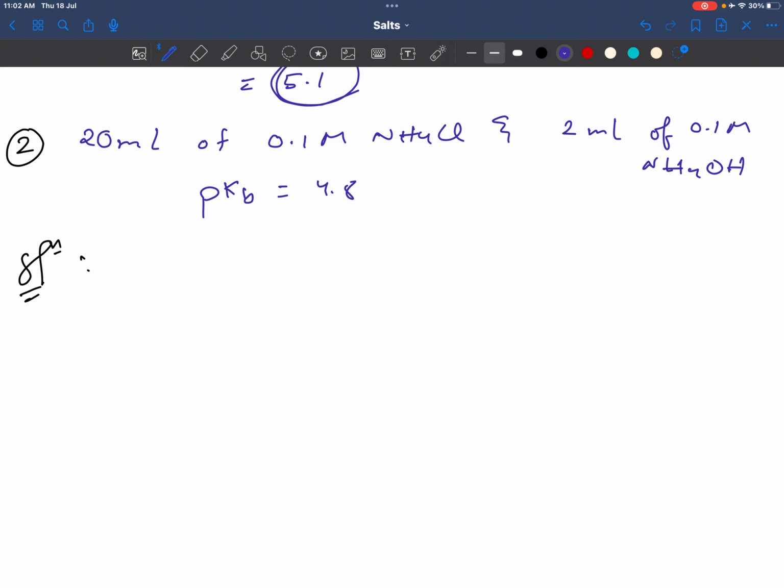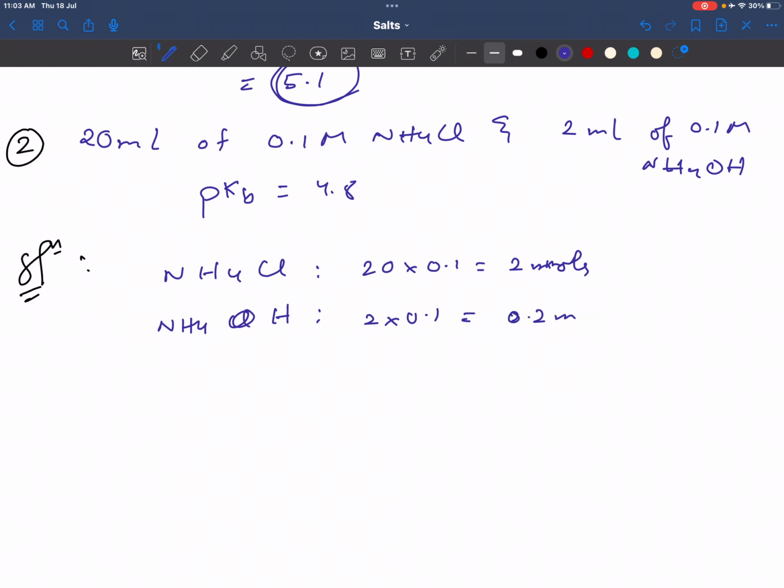Now number of millimoles of NH4Cl is 20 into 0.1, 2 millimoles. NH4OH: 2 into 0.1, which is 0.2 millimole.